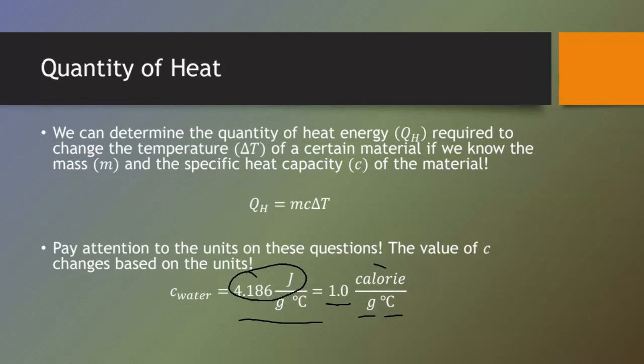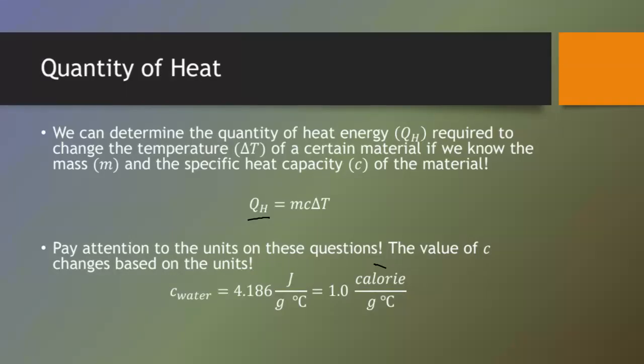If we know the specific heat of water or whatever the substance is, we can determine how much heat we would need to raise its temperature. And so this equation you have here is just giving you the amount of heat energy that you would need to raise the temperature of some mass of an object by some amount.